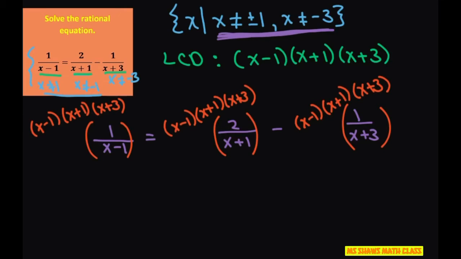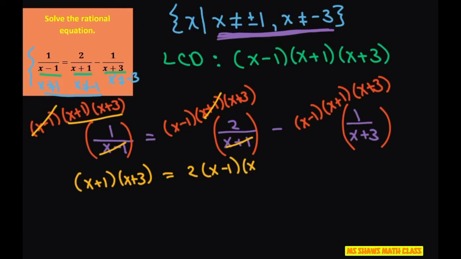All right, so this cancels out, and we're left with this times 1. So that's going to be x plus 1 times x plus 3. Here, these two cancel. So you get this equals 2 times x minus 1 times x plus 3 minus the 3 part cancels, and we get this.